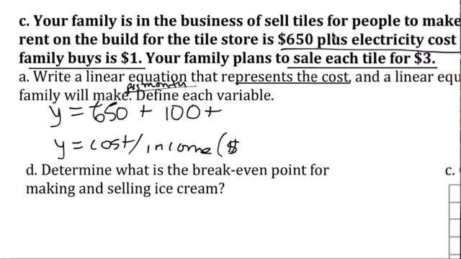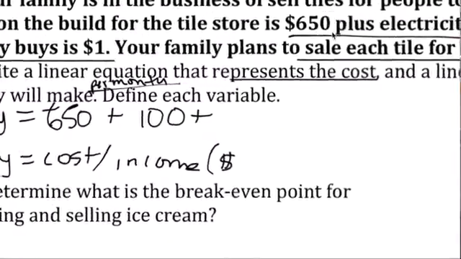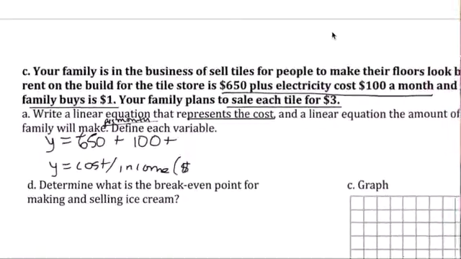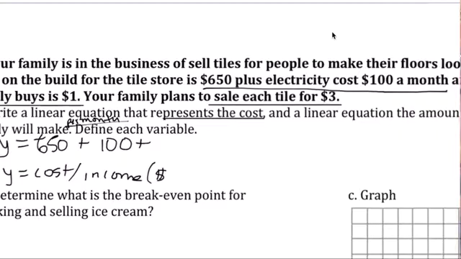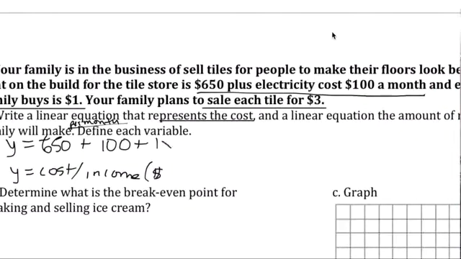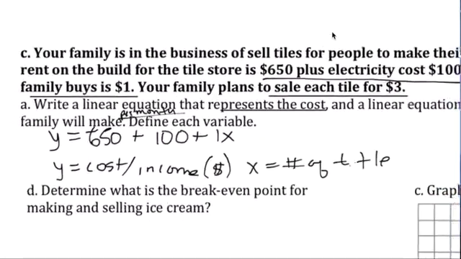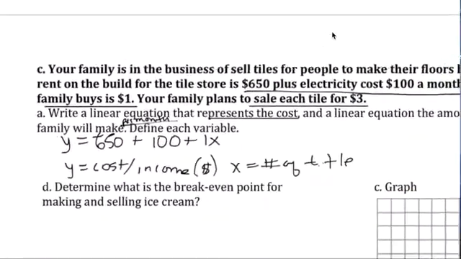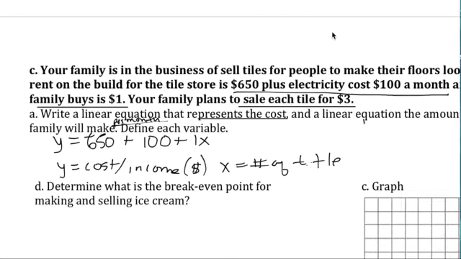Makes this equation difficult. Plus $1 for each tile. Okay. That's your cost equation. Your income, you're going to sell it for $3 each.